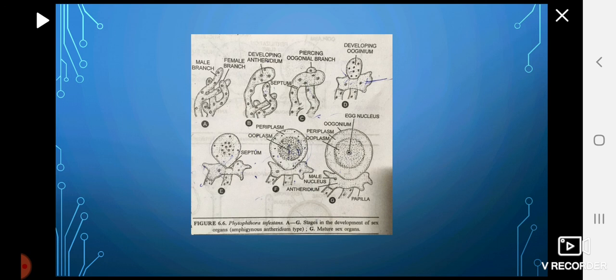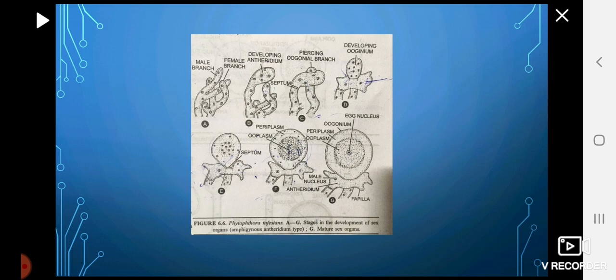Now you can see here the mature oogonium, and it is a globular structure, and it has central dense ooplasm and peripheral vacuolated periplasm, and in the central dense ooplasm a single large egg nucleus is present. And the antheridium is irregular shaped, and is present below the oogonium as a collar-shaped structure, and it develops 2 to 3 papillae and a single main nucleus is present.